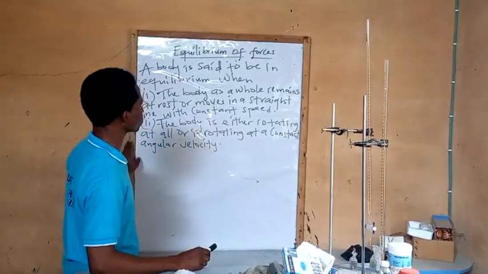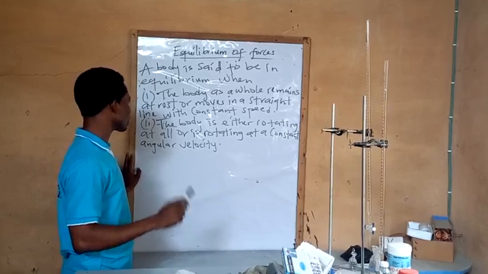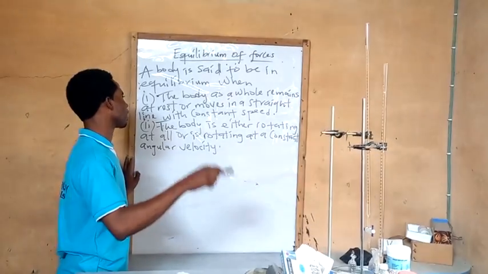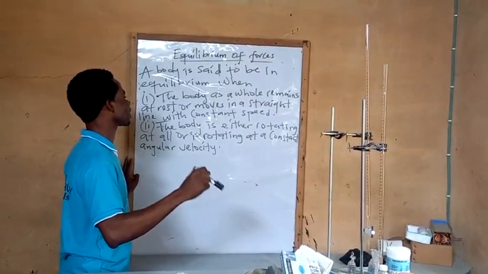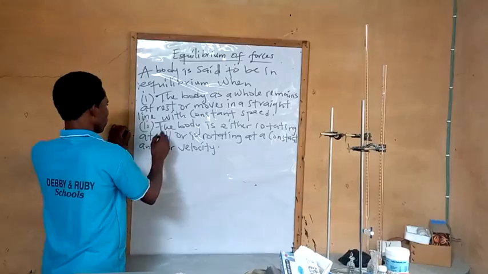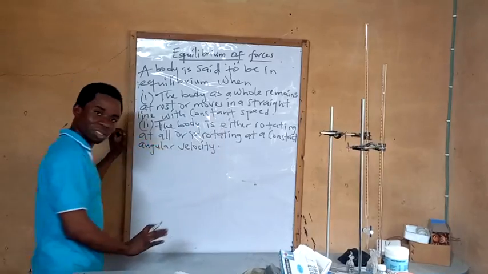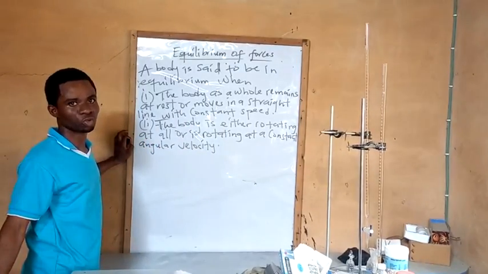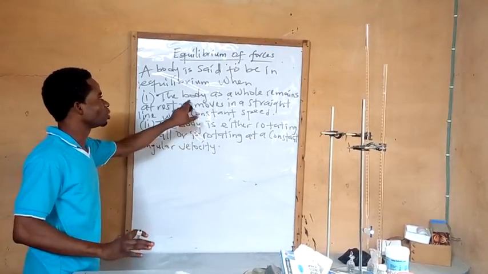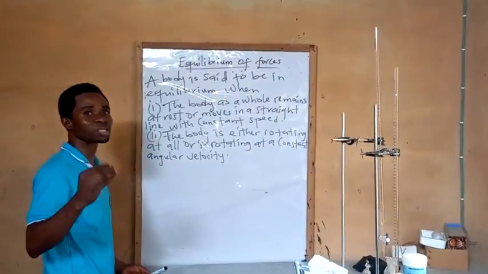So these are the conditions for a body to be in equilibrium. The body remains at rest or moves in a straight line with constant speed. The body is either not rotating at all or is rotating at a constant angular velocity. If the body is not rotating at all, and the body remains at rest, that is under limiting equilibrium.